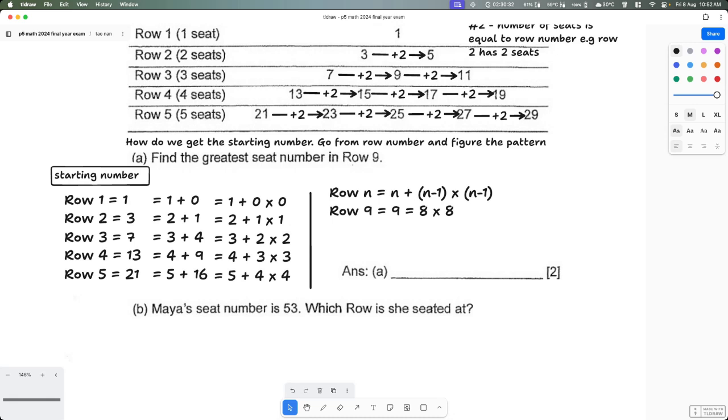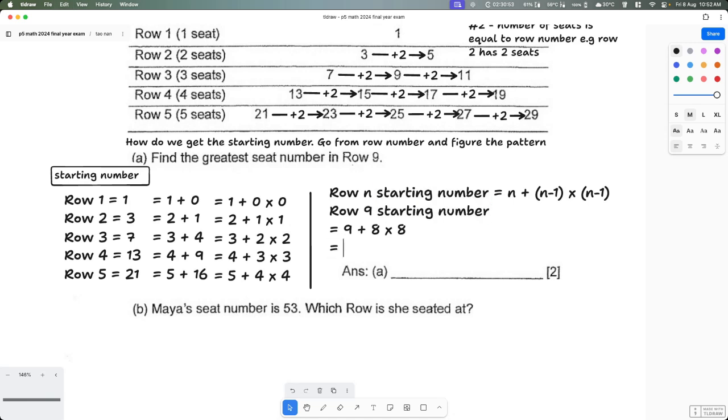What would this give us? So row n starting number is equal to this. Row 9 starting number is this.